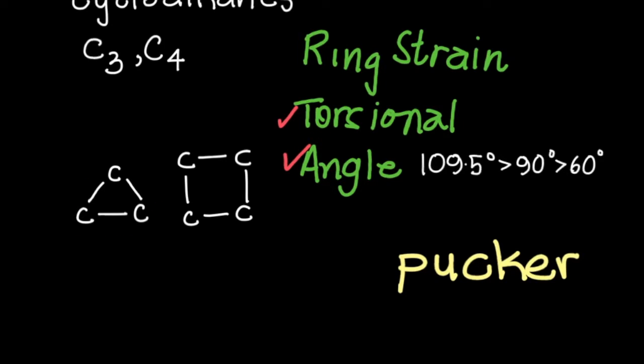This brings a lot of strain onto the ring, and with the strain it causes puckering, or the uplifting of some carbons above the plane and other carbons below the plane, giving rise to different conformations.